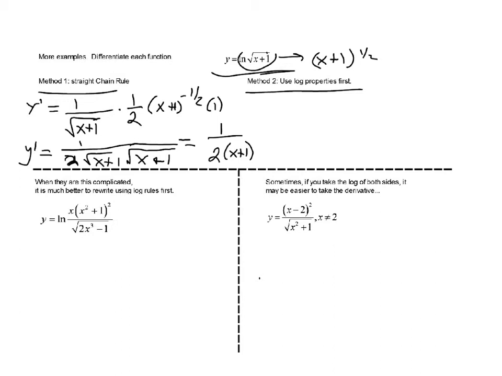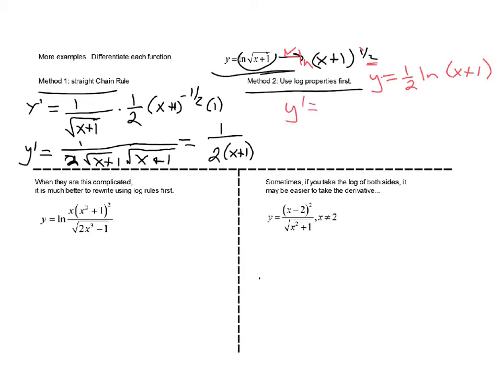But if we use log properties first, we have to remember that if you have an exponent in a log, you can bring it down in front of the log. So let's think of this guy right here as y equals 1/2 natural log of x plus 1 and take the derivative that way, so you don't have to use the chain rule.